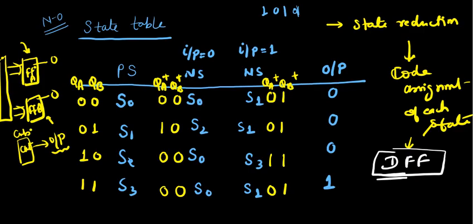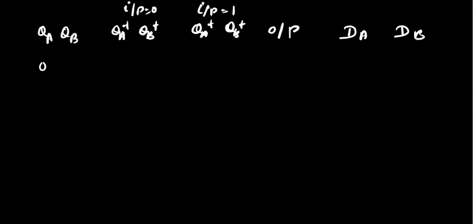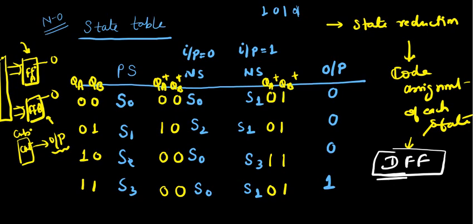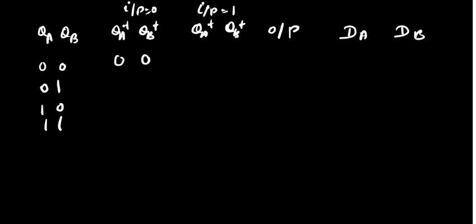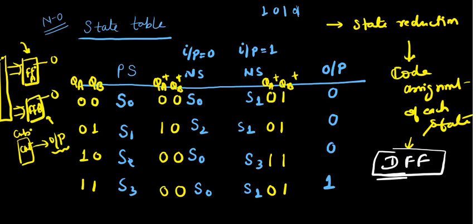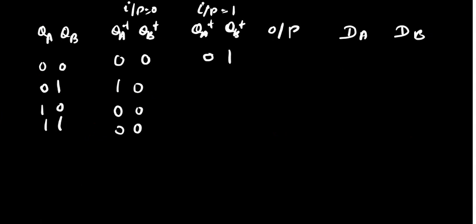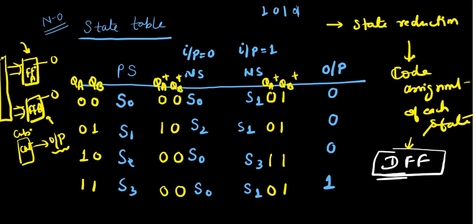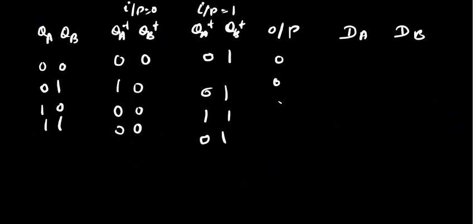So we'll complete: 0 0 0 1 1 0 1 1 0 0 0 1 1 0 1 1, 0 0 1 0 0 0 0 0, 0 1 0 1 1 1 0 1 0 0 0 1 0 0.